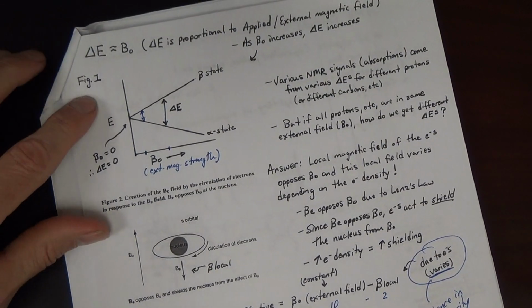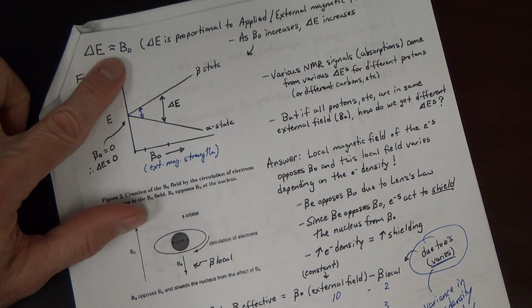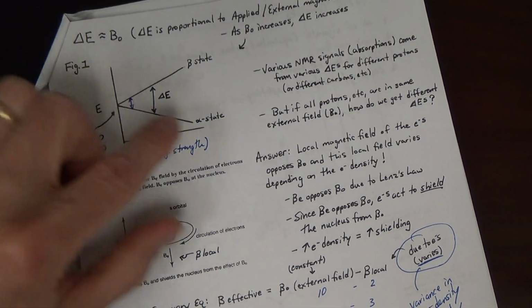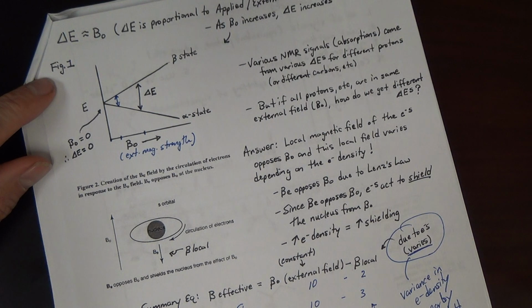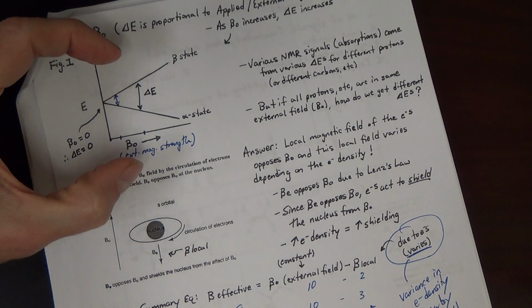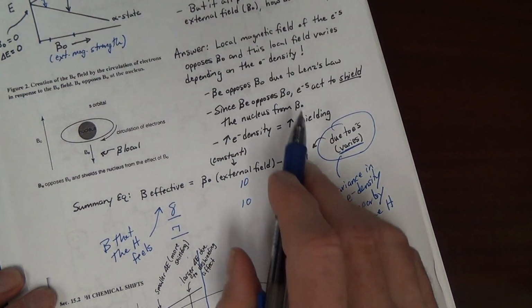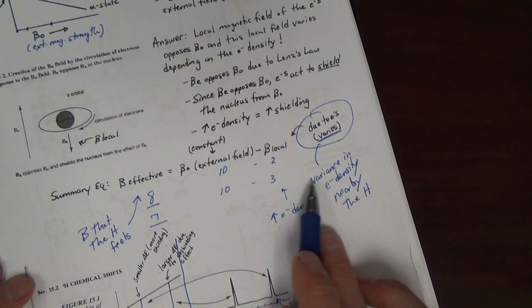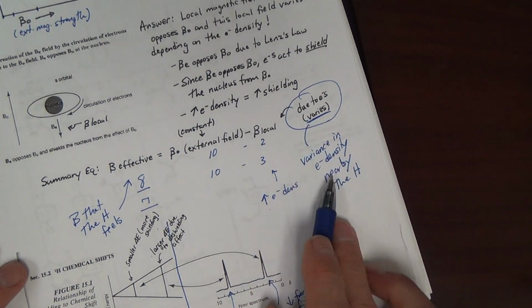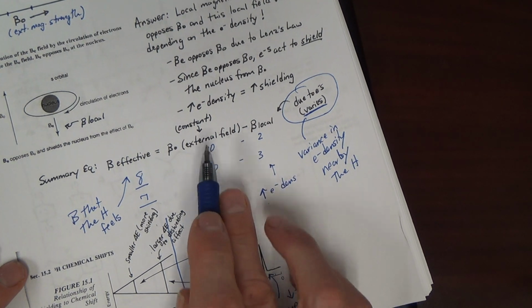We talked about how the energy gap is proportional to the magnet. But then we said, well, if all the protons are in the same magnet, shouldn't there be the same delta E for all protons? And it turns out the answer is no, because different protons have different electron densities nearby. And the electrons serve to shield the protons from the external magnet.